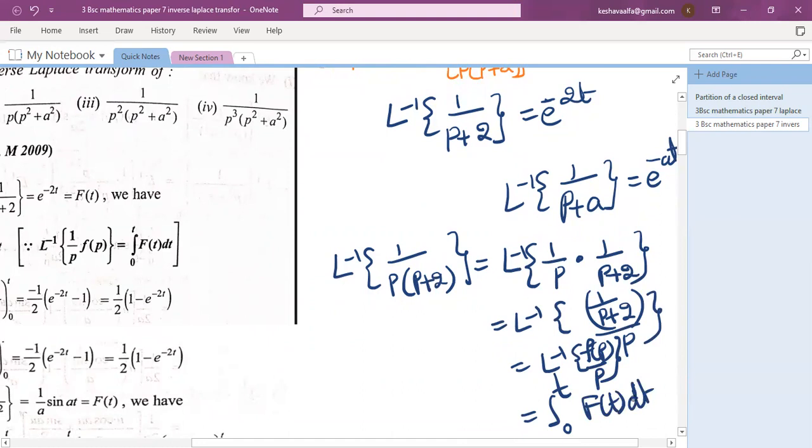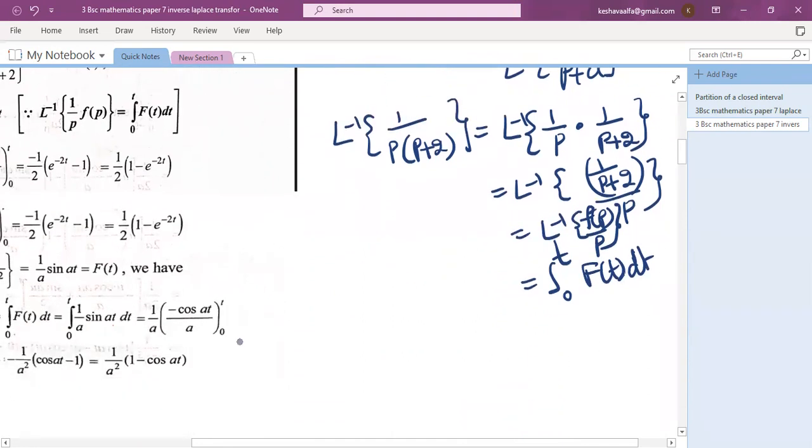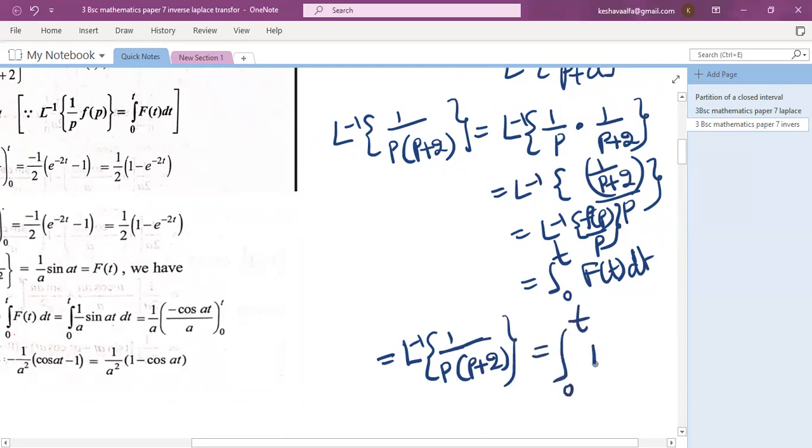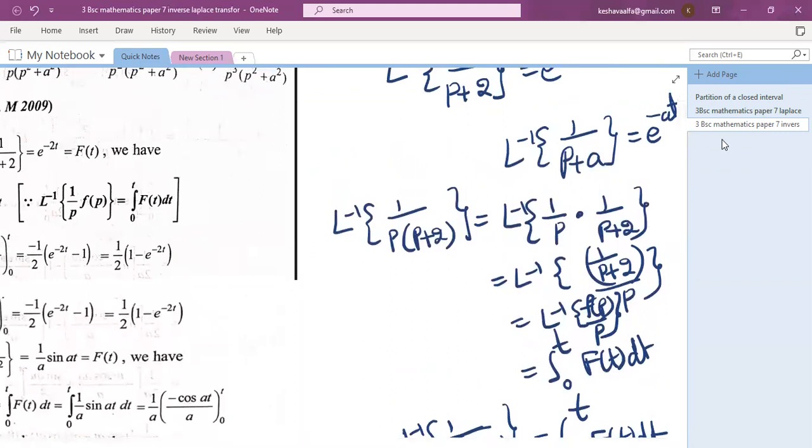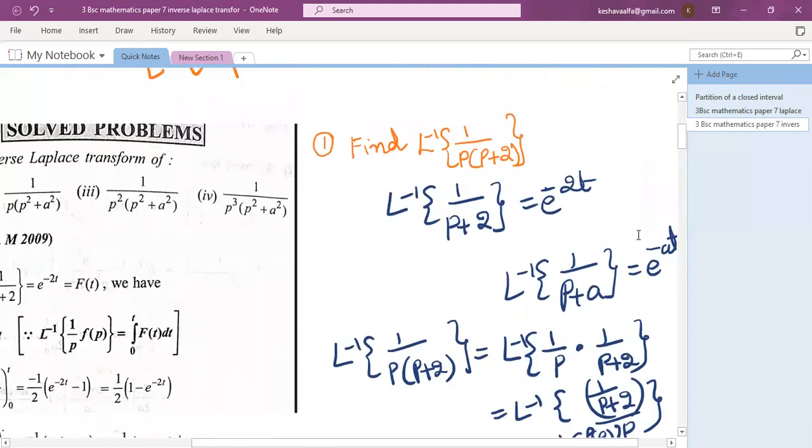So L inverse of 1 by p into p plus 2 is equal to integral 0 to t f of t dt. We know that the standard inverse Laplace transform, L inverse of f of p, is nothing but f of t.